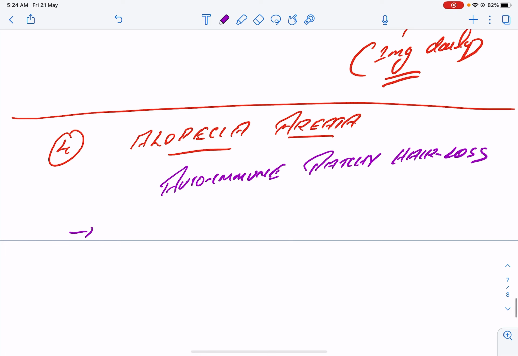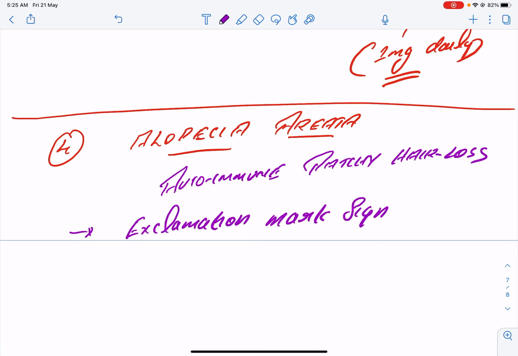And there is a very important sign we see here, called the exclamation mark sign. There is a broad distal end and a broken end. So exclamation mark is seen with what? Alopecia areata. In a similar manner, we have one more sign called the turning gray phenomenon.